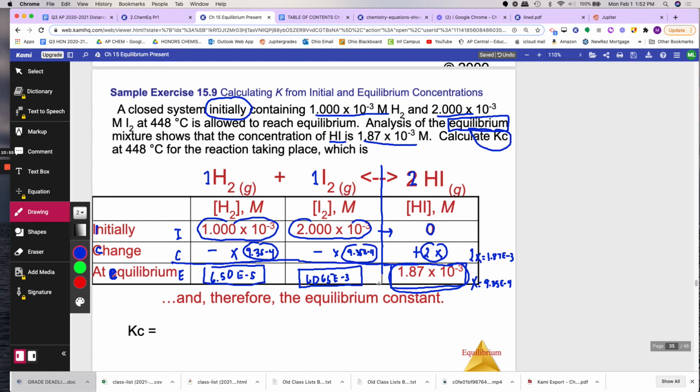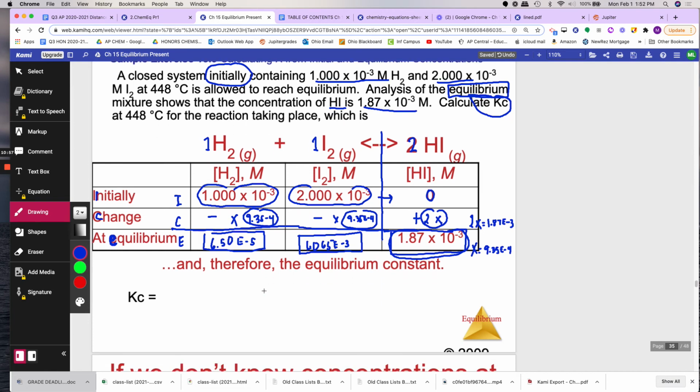So now that you have the equilibrium concentrations, you can just plug that into the equilibrium expression. The expression is products over reactants, which is HI squared, because of the 2 here, divided by reactants, H2 times I2 to the power of 1, both of them.